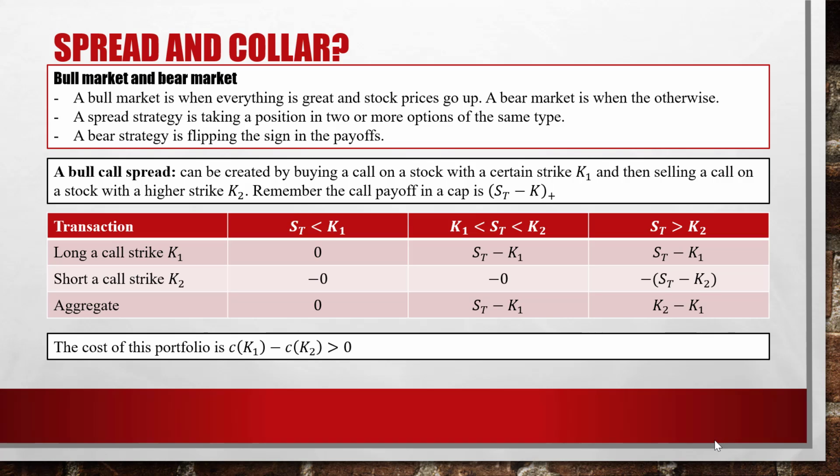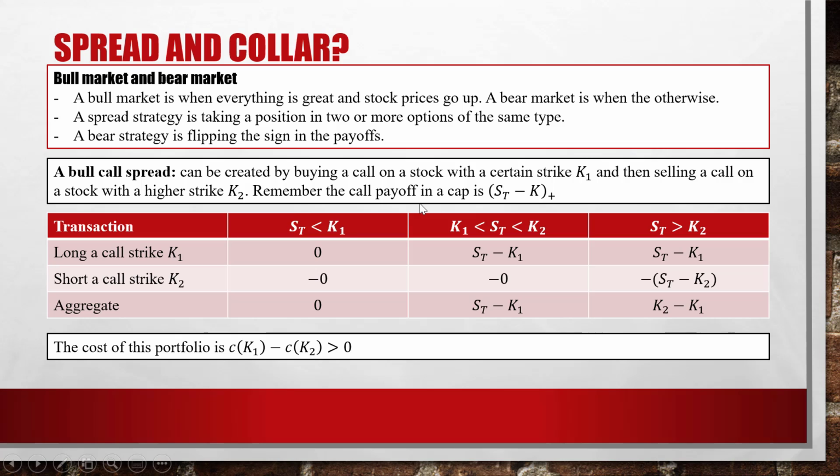Remember that the call payoff in a cap is (S_T minus K)+, right? Here we consider three cases: when the stock price is less than the first strike, when the stock price is between K1 and K2, and when the stock price is greater than the higher strike. And we consider when we long a call with strike K1 and when we short a call with strike K2. Long here means buy and short means sell.